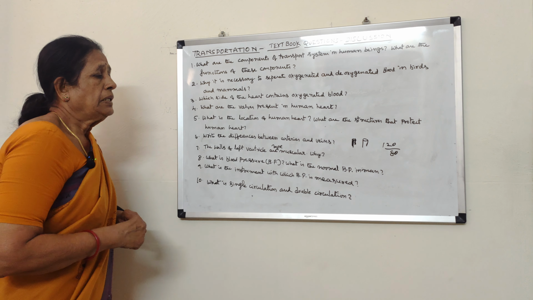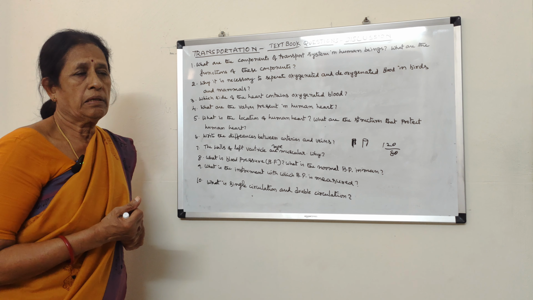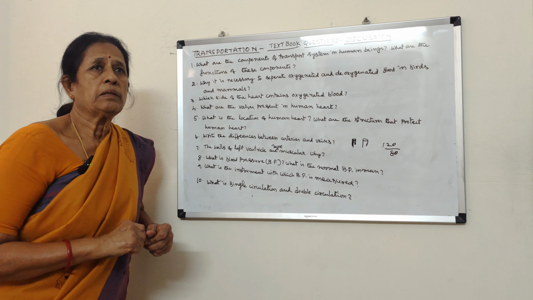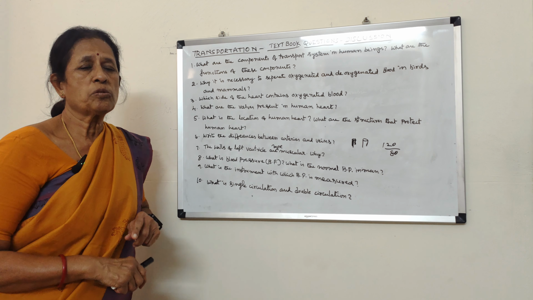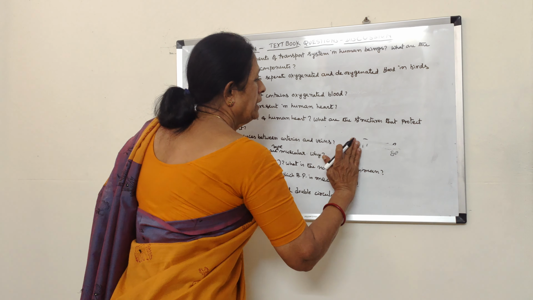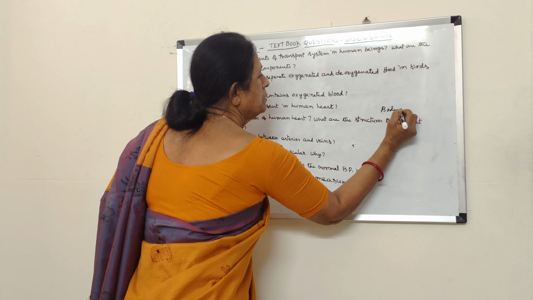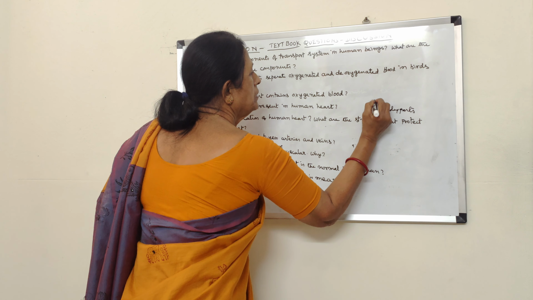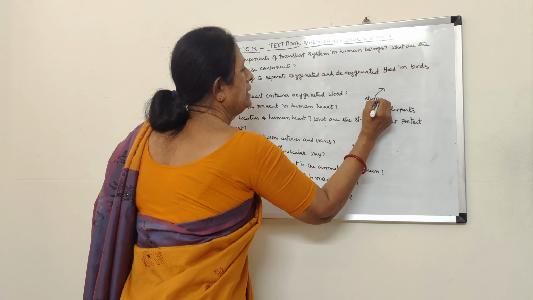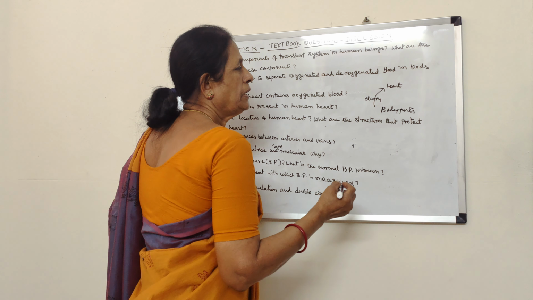Next, what is single circulation and double circulation? In single circulation, the blood flows only once through the heart. You can see this in fishes. From the body parts, deoxygenated blood is collected by the veins and supplied to the heart. In fishes, the heart is only two chambered.